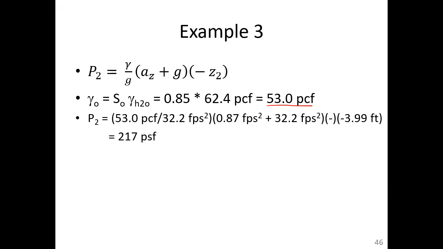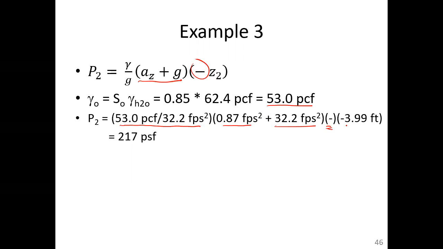So putting everything we know into that first equation, this is the specific weight of oil over gravity, 53 pounds per cubic foot over g. The next terms are the vertical acceleration plus gravity. We calculated AZ to be 0.87 feet per second squared, and gravity is 32.2 feet per second squared. The minus sign is right here.